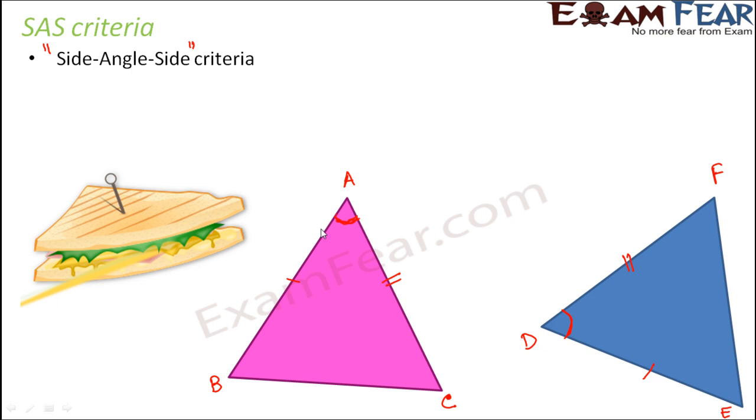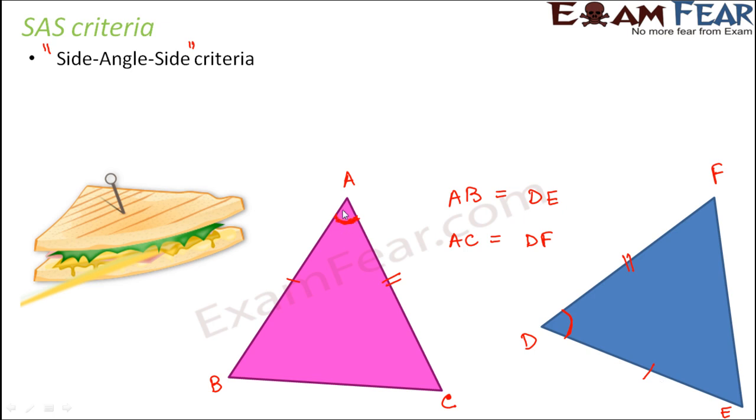So for SAS criteria, we have to ensure that two sides are equal to their corresponding sides. For example, here AB is equal to DE. And what is the other side which is equal? That is AC is equal to DF. So we have two sides equal to their corresponding sides and the angle included by these two sides.